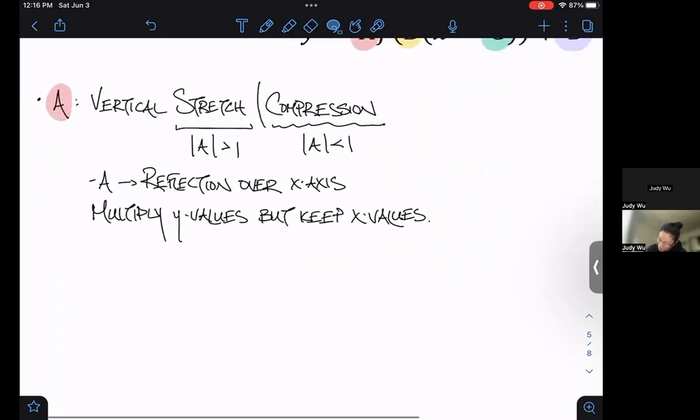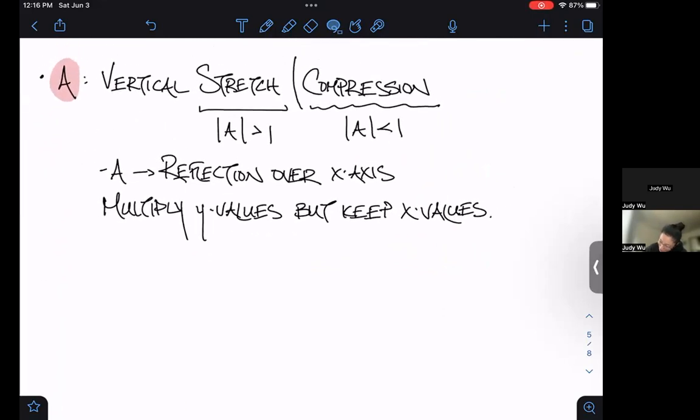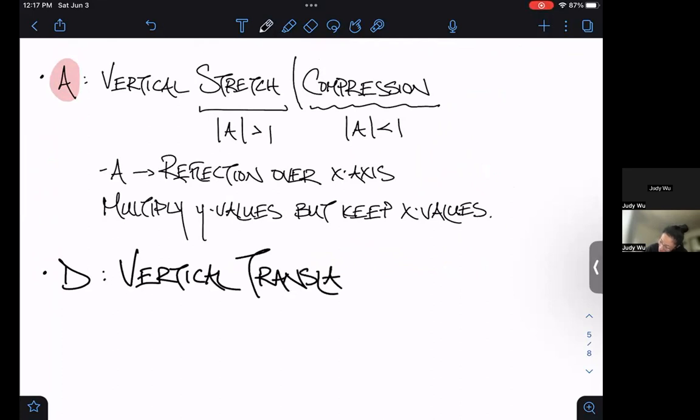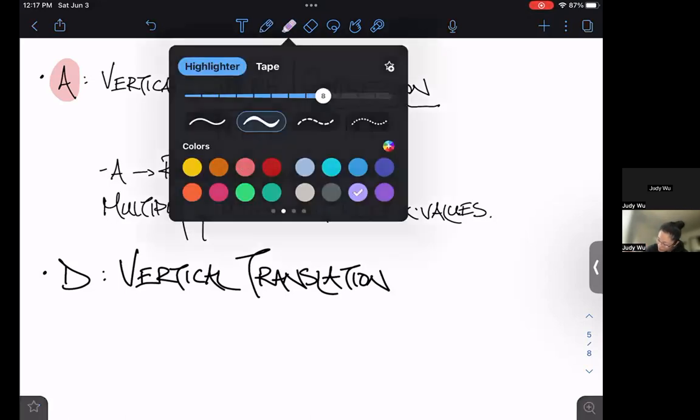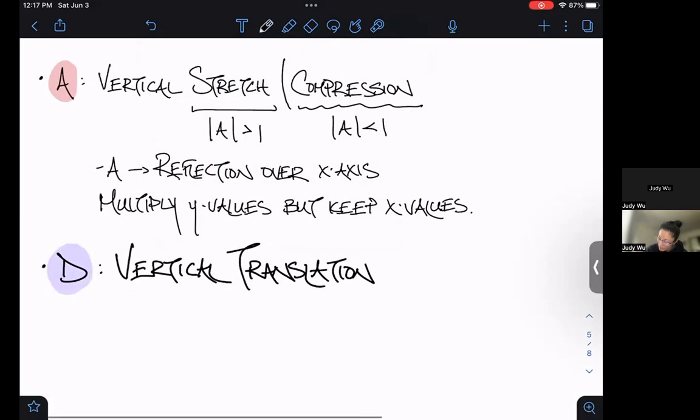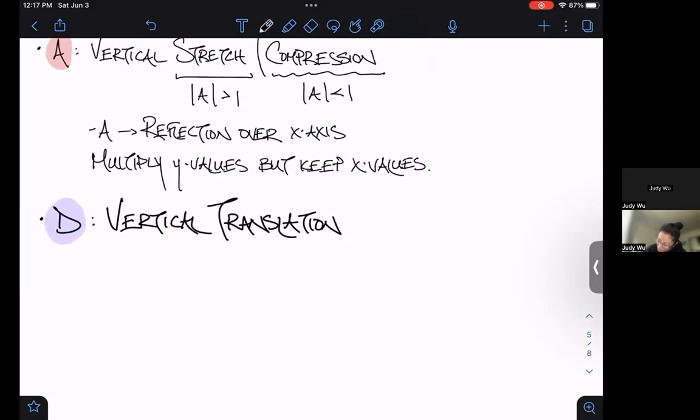Now, in our exploration, we actually then went on to the letter D, so we'll do that here as well. D, as it turns out, is a vertical translation. And translation doesn't mean we're changing it to a different language, but translation here really means that we're shifting things up and down, okay? And this is that very last number at the end. The vertical translation here, if we have a plus D, we're going to move up, but a minus D will mean we move down.